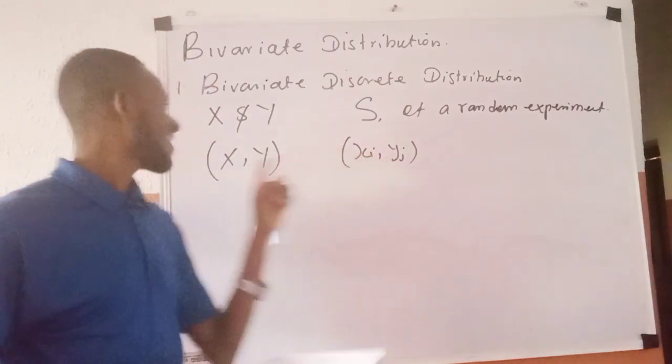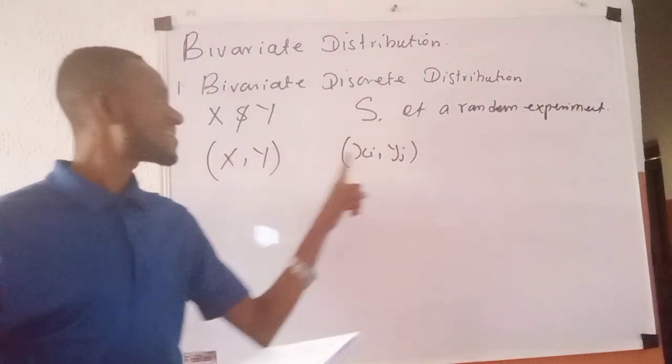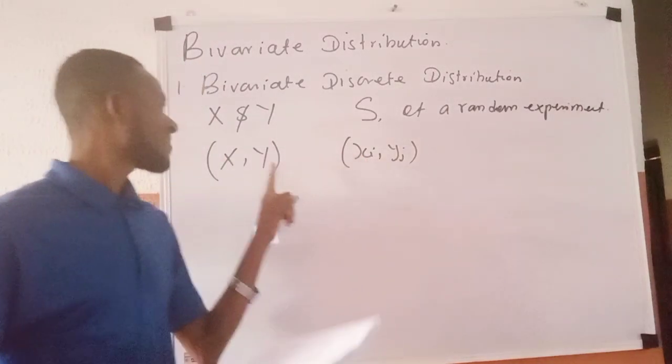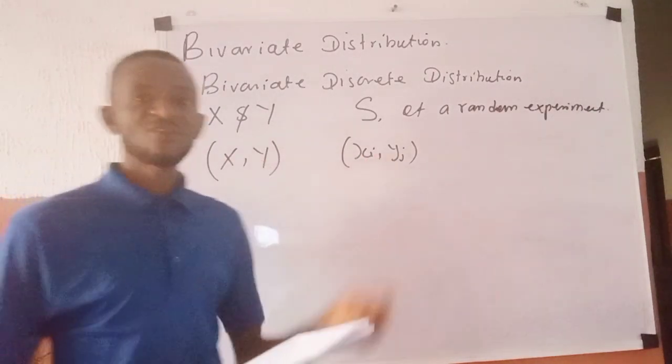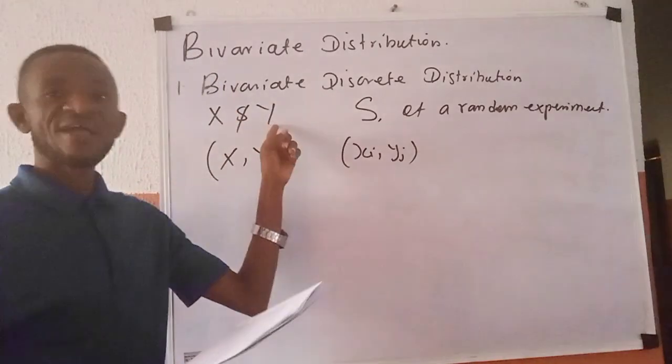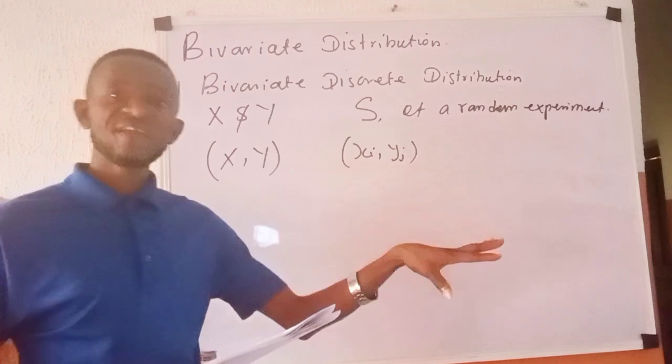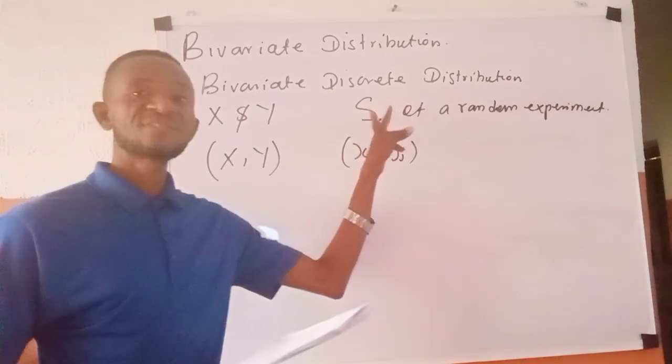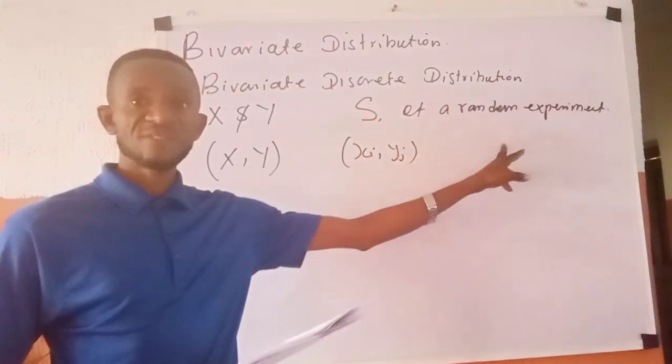What this means is that this random variable x takes a value xi, and this random variable y takes a value yj. So x and y are two individual random variables defined on the sample space S of a random experiment.